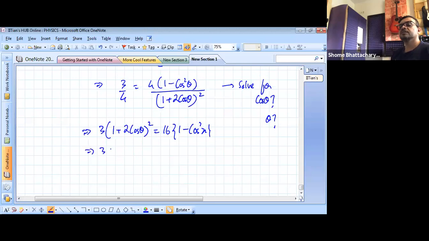So this will become 3 times 1 plus 4 cos theta plus 4 cos square theta is equal to 16 minus 16 cos square theta. This should also be a theta, not an x.